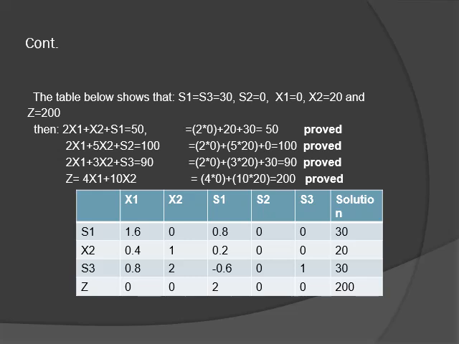There is no X1, that means X1 equals 0. There is no S2, that means S2 equals 0. So this table shows that S1 equals S3 equals 30, S2 equals 0, X1 equals 0, X2 equals 20, and Z equals 200.